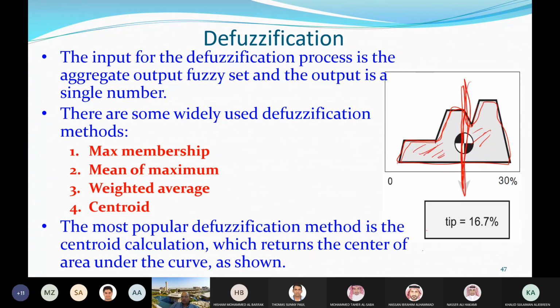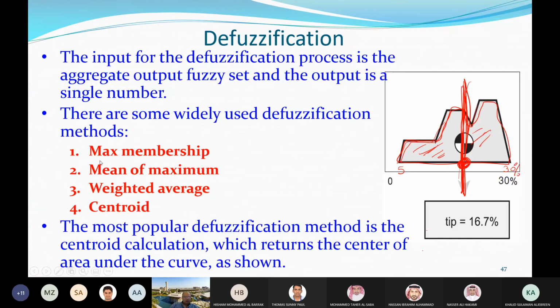The center will lie on this line. So if this is the centroid, your tip is here, between 5 and 30%. This area can be calculated easily, and then you get the centroid, and this value is the output of the process.